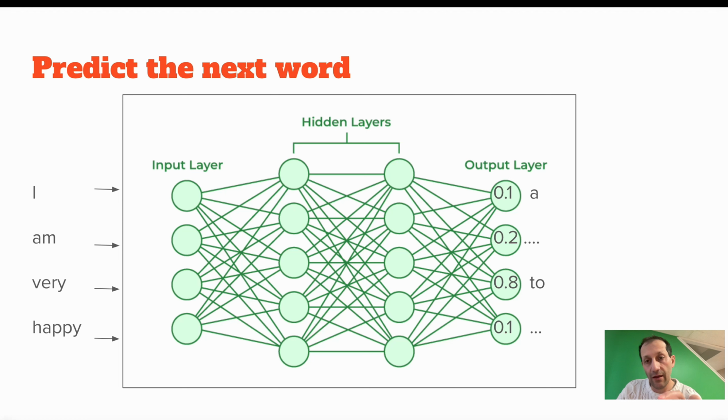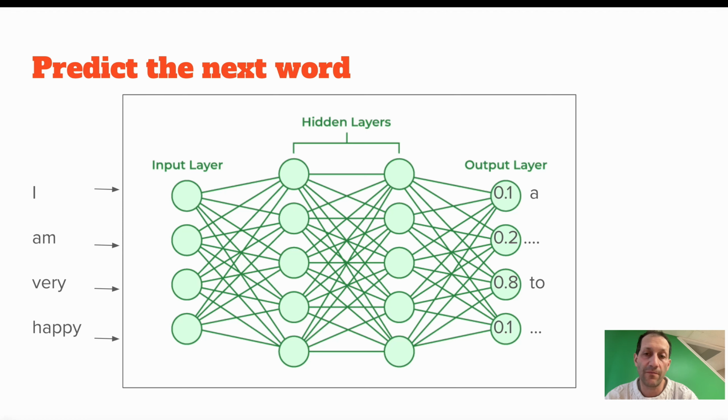So the size of that output layer is the same as the size of your vocabulary. And the values that are outputted in these neurons represent the probability that that neuron or the word that neuron represents is the next word in the sequence.